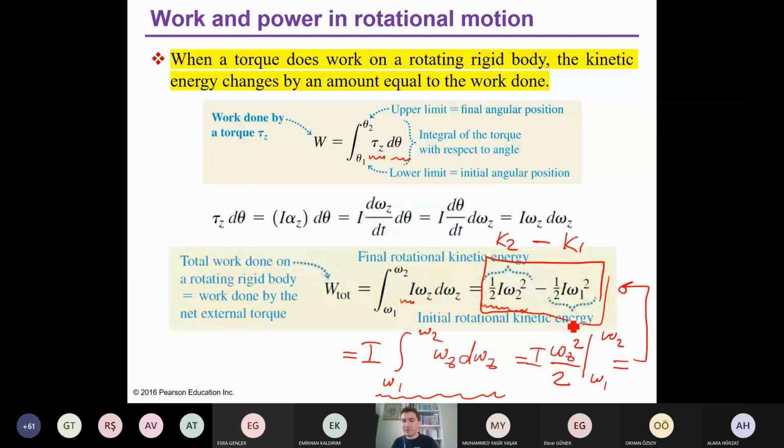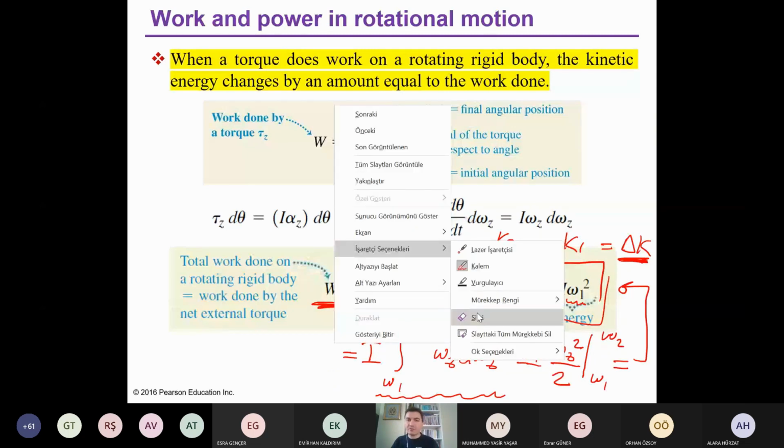This is similar to the work energy theorem. Total work done on a rotating rigid body is equal to the change in its rotational kinetic energy. Okay? So we have this conclusion. Total work done on a body by the torque is equal to the change in rotational kinetic energy of the body.